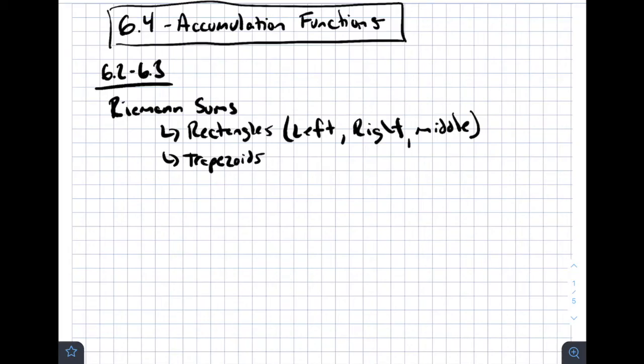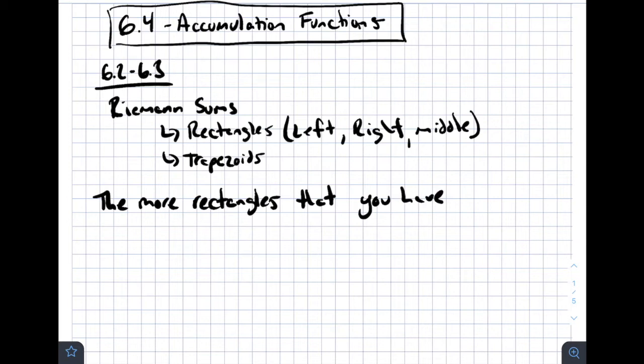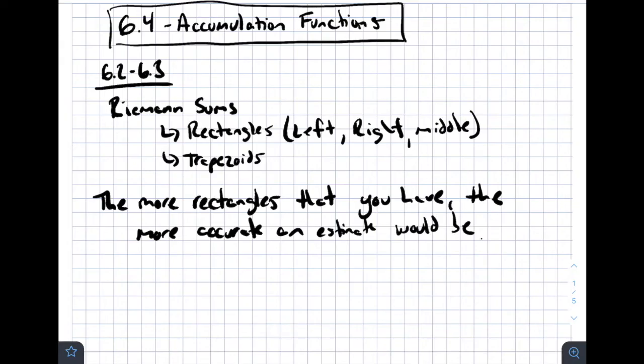In general, we also recognized in lesson 6.2 that the more rectangles, or I guess trapezoids, that you have, the more accurate an estimate would be. So if you're trying to find that exact area under the curve, the more rectangles you have, the thinner those rectangles are, the closer to the actual value you will have.